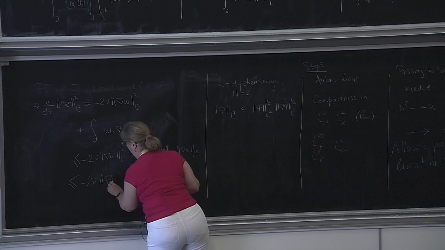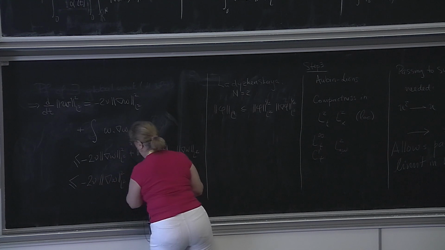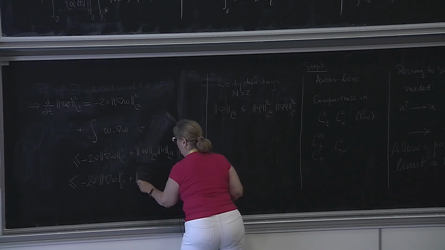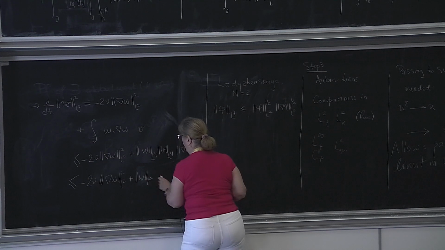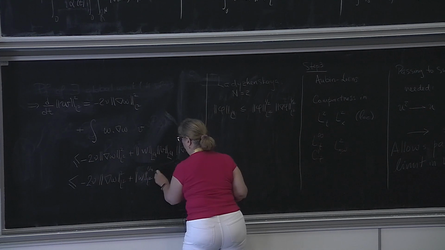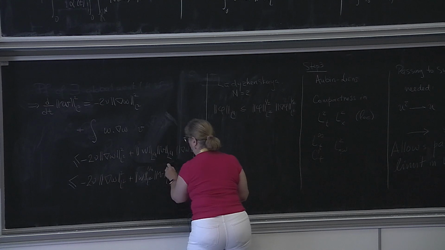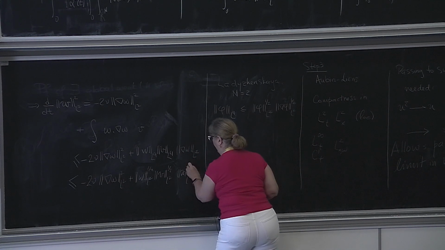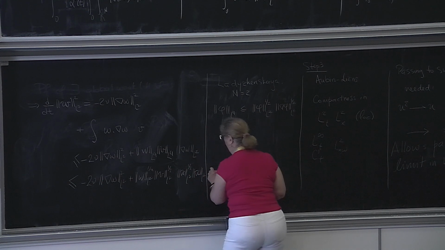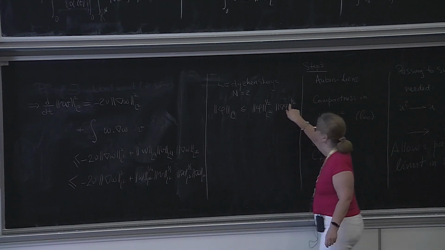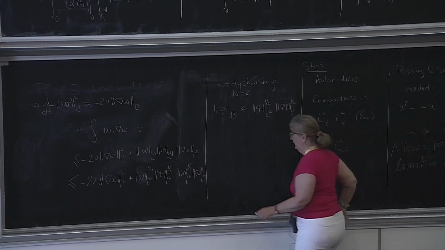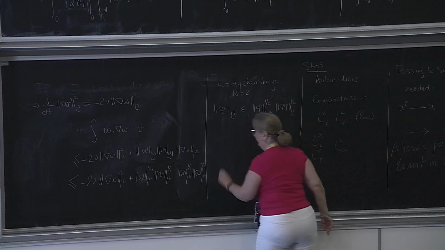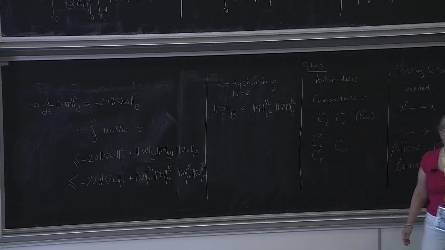I will keep the gradient L2 squared plus I'm going to get W L2 to the 1/2, V L2 to the 1/2, gradient of V L2 to the 1/2, and gradient of W L2 to the power 1 plus 1/2. So this is going to give me 3/2. Okay?